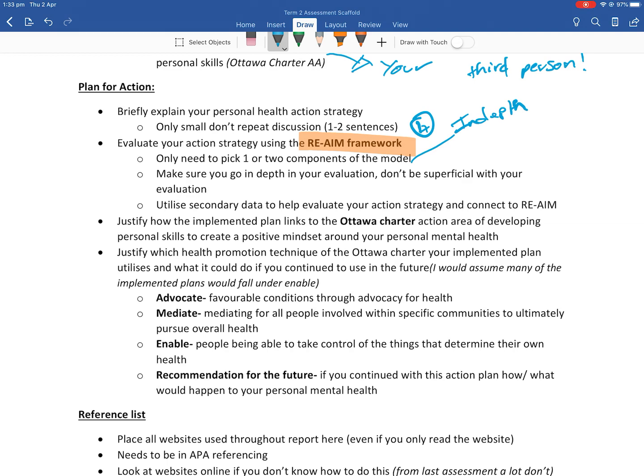Alright, now you also need to justify how the implemented plan links to the Ottawa Charter action area of developing personal skills to create a positive mindset around your personal mental health.